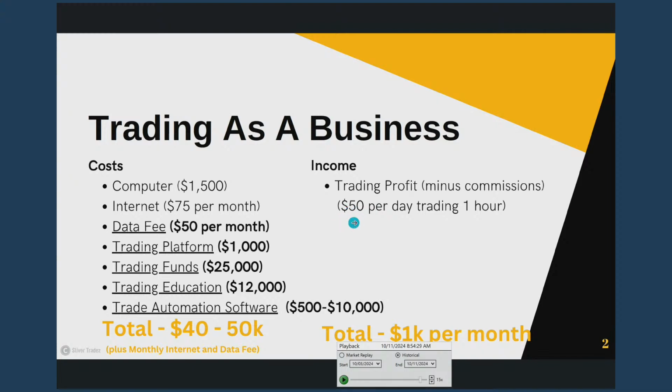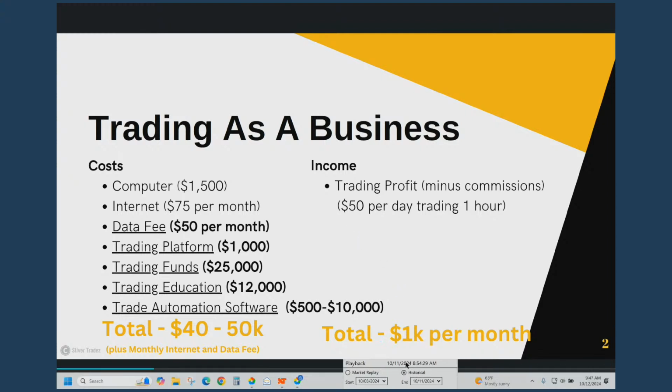So this is a nominal number, and at least for spending your 1 hour, you should be able to get back that $50. So if that's the income target, in 20 days of trading in a month, you will make only $1,000, and that's not big money. That is $12,000 a year. That's not even paying your rent or mortgage.